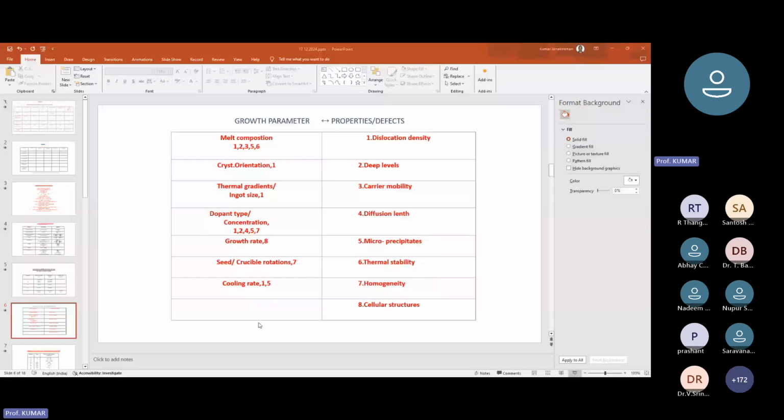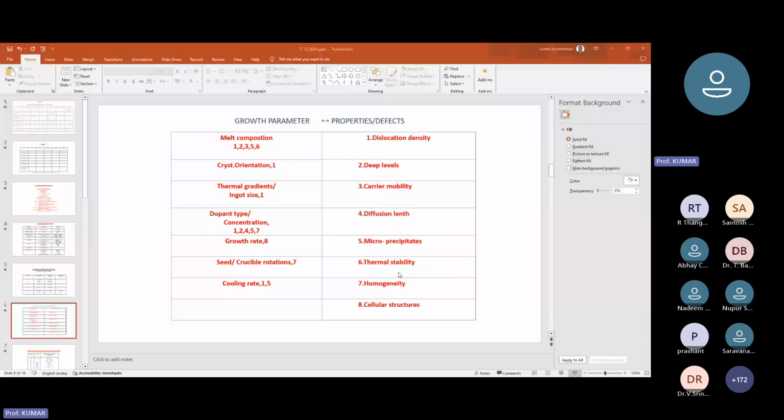See here, beryllium has a segregation coefficient of 3, which means if you put beryllium as a p-type dopant, most of the top layer of the crystal, if you have a boule of let's say 4 centimeters or 4 inches long, the top 2 centimeters or even 1 centimeter will have all this beryllium.